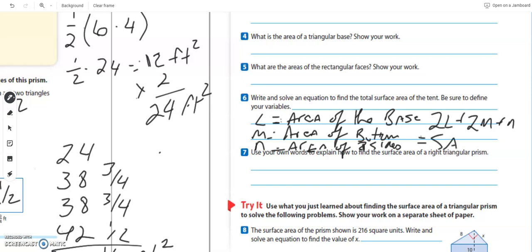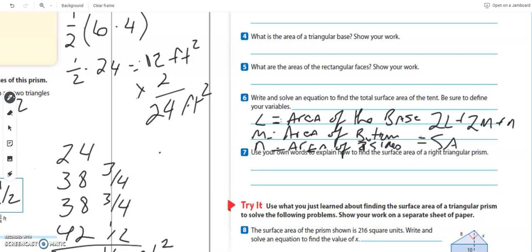Okay, so they want us to use our own words to explain how to find the surface area of a right triangular prism. Now, in case you don't know, a right triangular prism would be a prism which has a right triangle for the base. So it's pretty much the same as what we've already done.